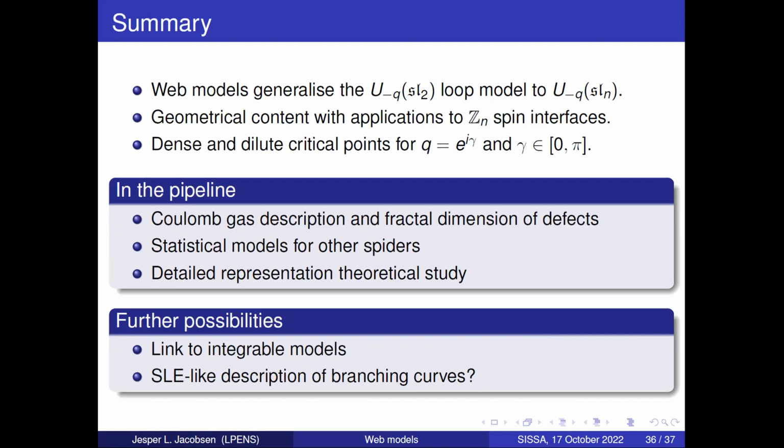If you increase just a little bit more, then you are going to flow into this dense phase in which the combined fractal dimension of all loops is equal to 2. And then there's going to be something exceptional happening when the bond fugacity is strictly equal to infinity. Then you get a fully packed loop model, which by some kind of chance also sees its symmetry enhanced from SL2 to SL3.